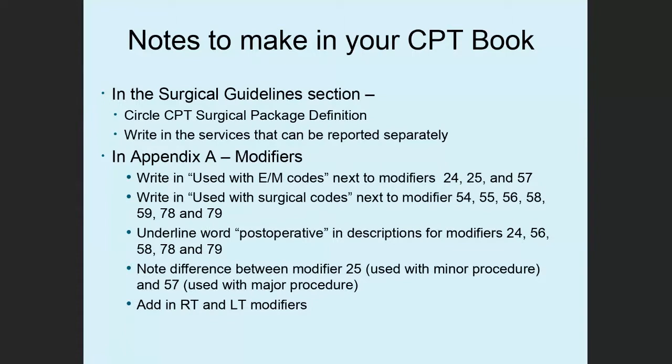You might also want to write in information about the global periods. Then turn to Appendix A, which is for modifiers. You can write in next to modifiers 24, 25, and 27 "used with E&M codes," and write in "used with surgical codes" next to the others. So it's easy to differentiate, oh, this one's not used with surgical, this one is used with surgical, and so that will help you differentiate at a glance between the different types of modifiers.